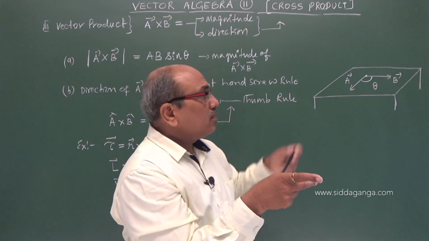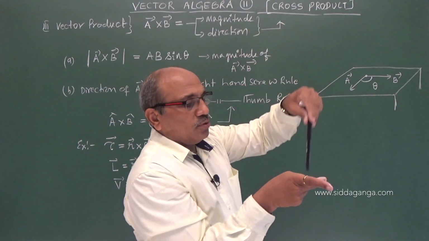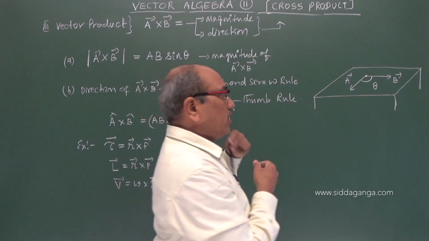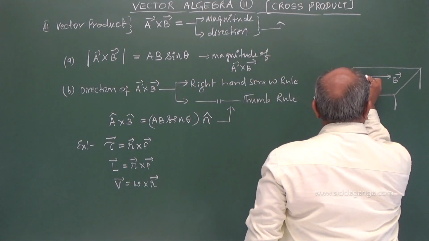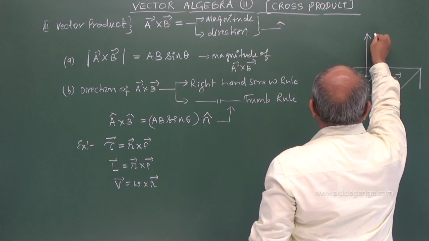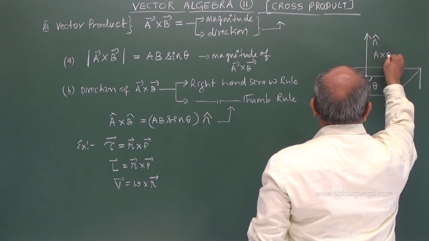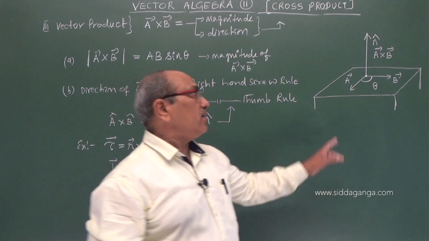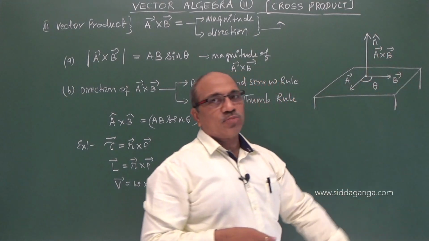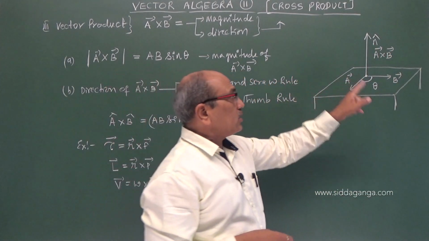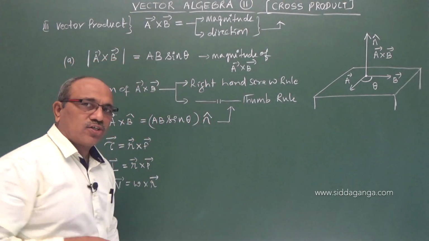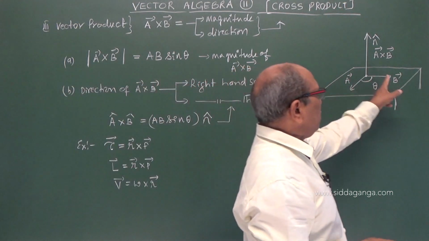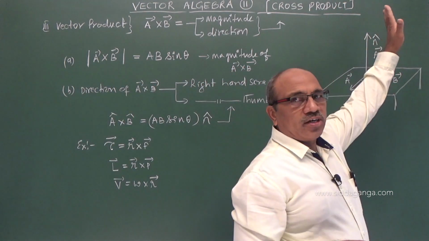Interestingly, the resultant or the cross product appears to be perpendicular to both, in the pen direction. So the direction of the cross product is n cap, which I can write as A cross B, perpendicular to the plane containing both A and B. That direction we can understand by this. As I told, one is the radius vector, the other may be the force; torque is perpendicular to it.